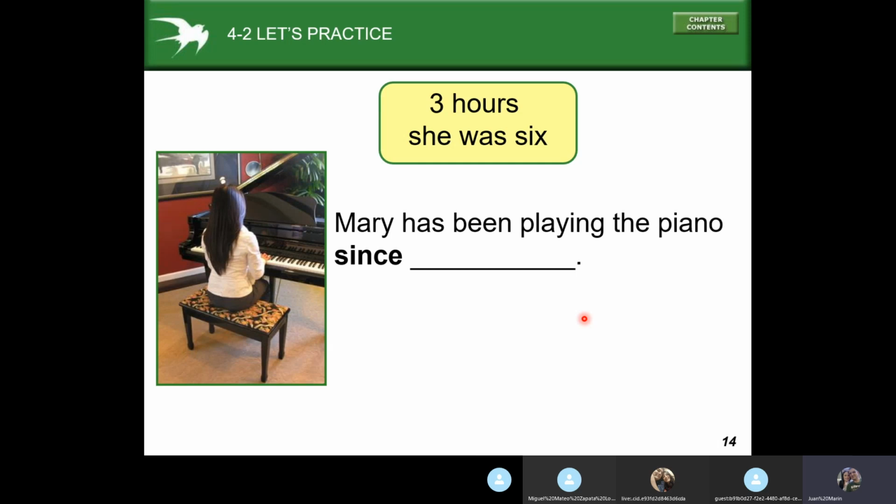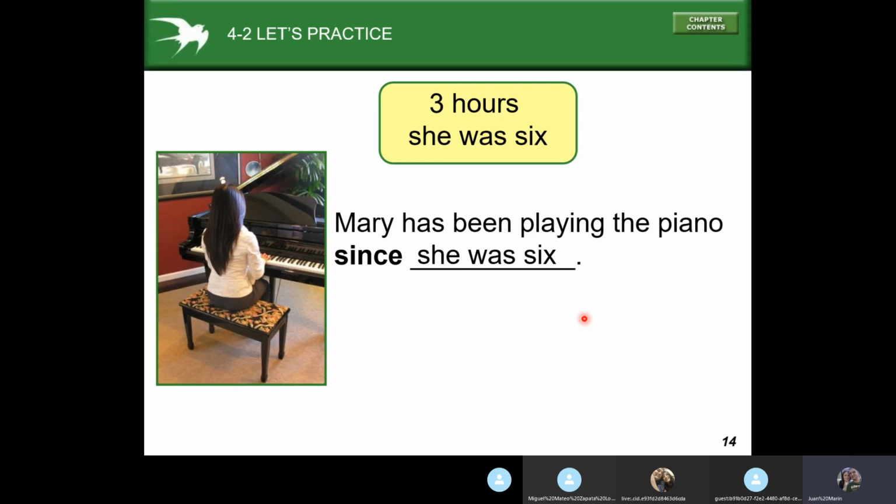We had 3 hours and she was 6. So what is the answer? What do you think is the correct answer to this sentence? She was 6. Since she was 6. Okay, very good. Mary has been playing the piano since she was 6.